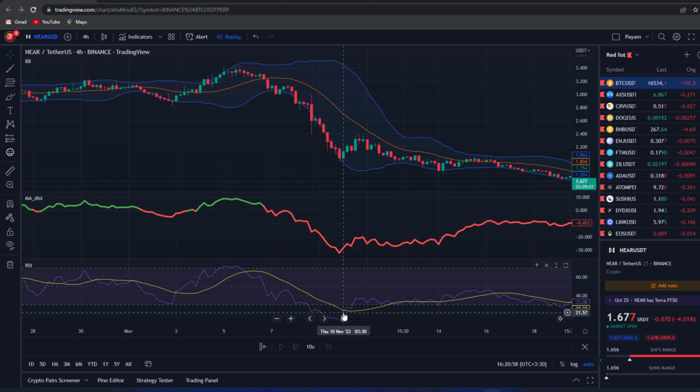Whenever the purple line comes and crosses the yellow line, we can get ready for entering a long position. And vice versa, the opposite. When it begins to cross towards the downside, for example here, the purple line is crossing the yellow line towards the downside, we are going to enter short positions.